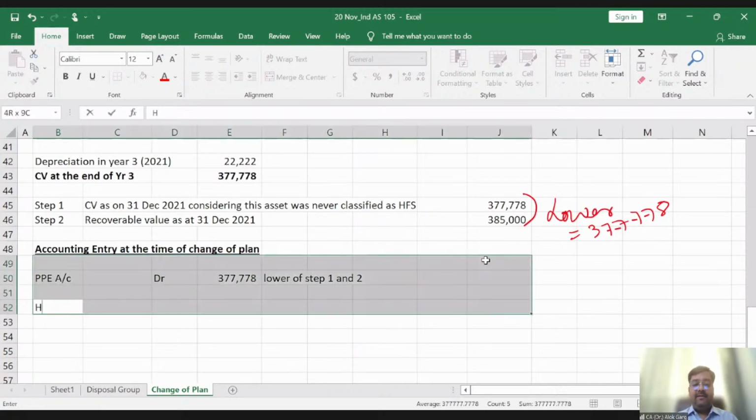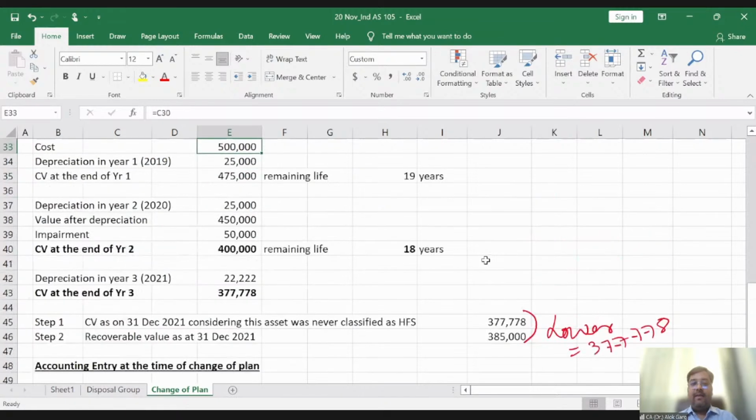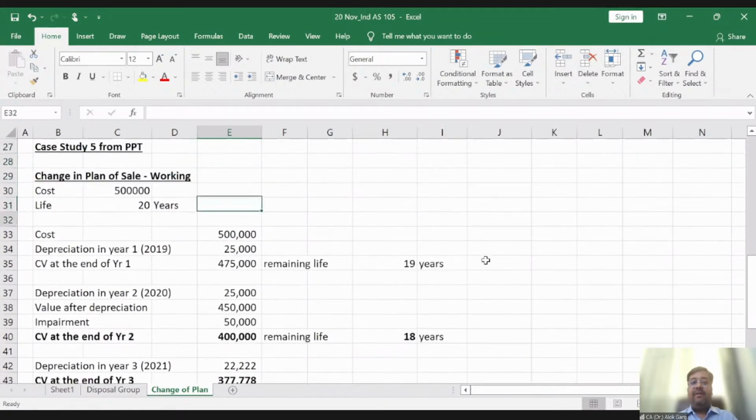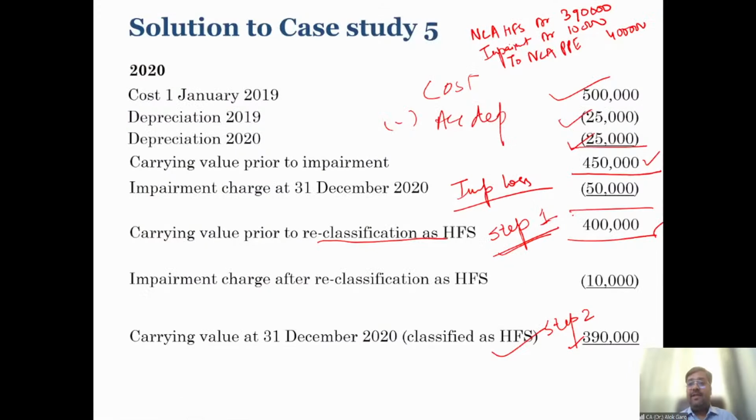NCA HFS account credit. At what value? Tell me, guys, NCA HFS will be credited by what value? What was the value when this NCA HFS was created?